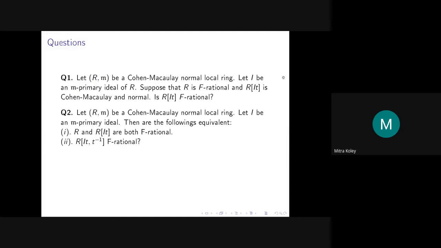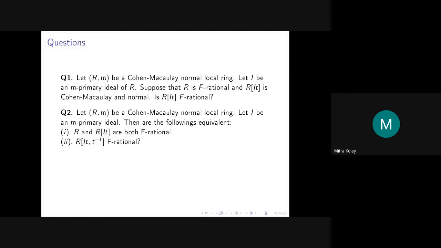Now the second question: with the same hypothesis, let (R, m) be a Cohen-Macaulay normal local ring, and let I be an m-primary ideal. Then is it true that the base ring and the Rees algebra being F-rational is equivalent to the extended Rees algebra being F-rational? So the question is whether these two things are equivalent or not.